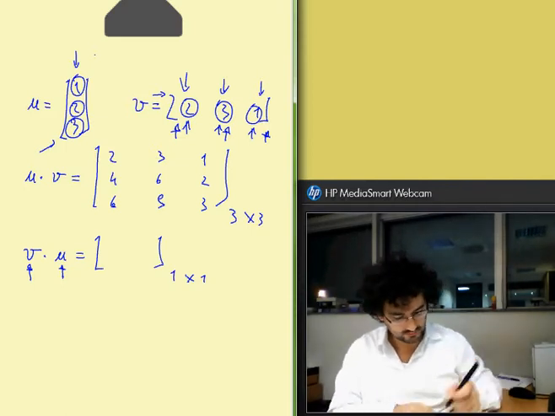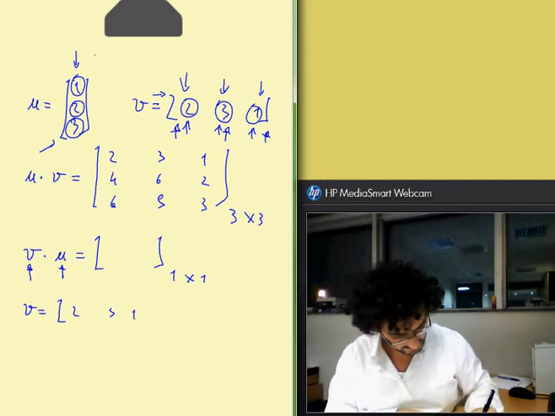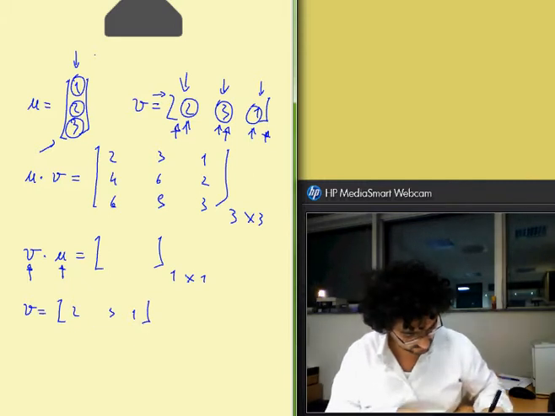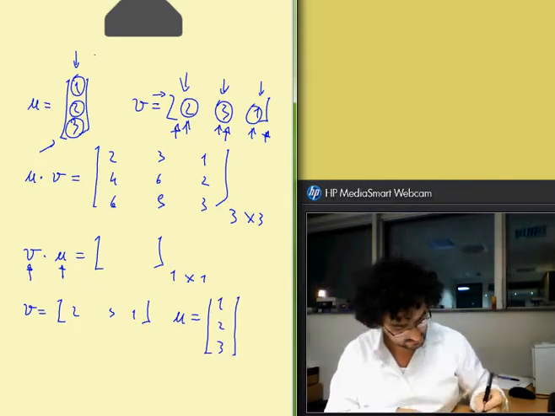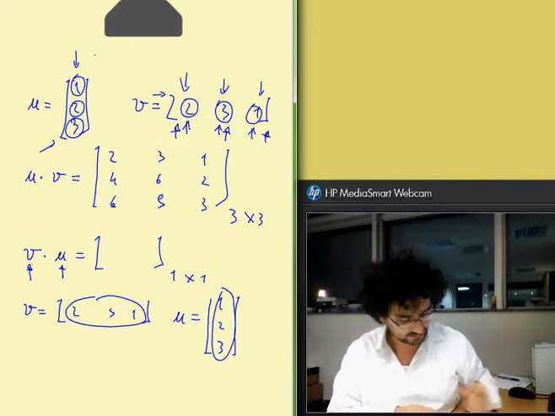it's convenient to write again vector V equal to 2, 3, 1, and we want to multiply this vector by column vector U, which is 1, 2, 3. We need to consider the first row and the first column.